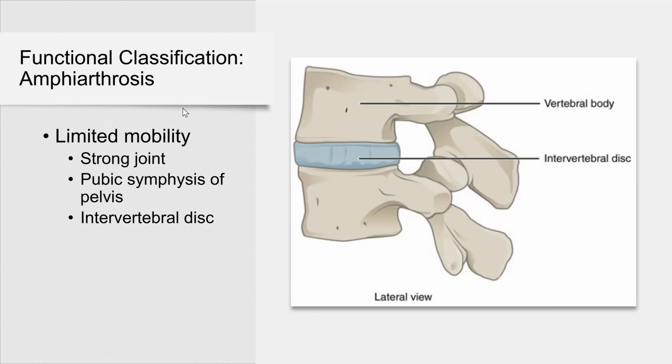If we have a slightly movable joint, so it has limited mobility, then we call it amphiarthrosis. It's also a strong joint. An example would be the pubic symphysis between two coxal bones, and the intervertebral disc that's shown right here between two adjacent vertebrae. Here's vertebra 1 and here's vertebra 2.